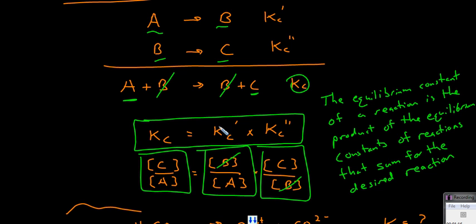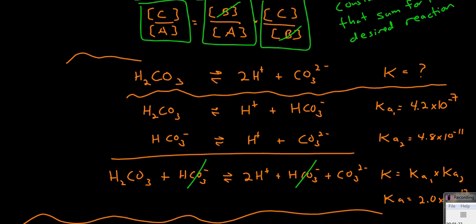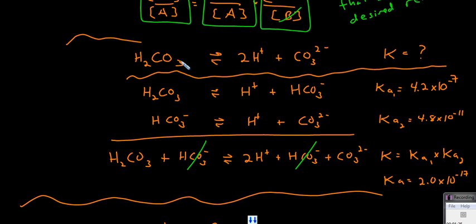Okay, so as an example of this, what is the equilibrium constant for the dissociation of carbonic acid, where it releases 2 protons and leaves carbonate? So how often does that occur compared to, say, individual reactions in which carbonic acid releases just 1 proton, and then the bicarbonate that remains might release another proton to leave carbonate?